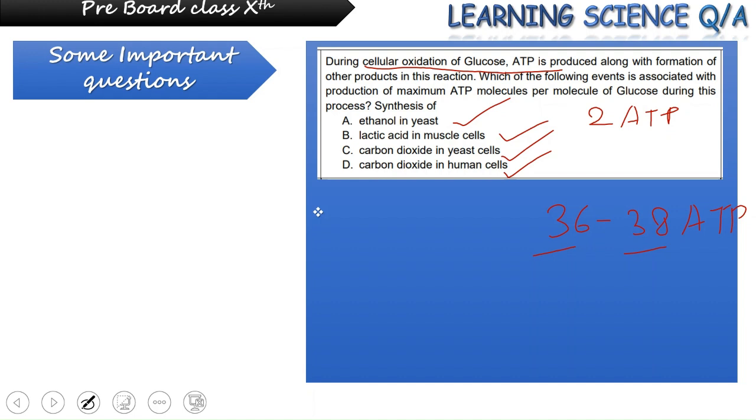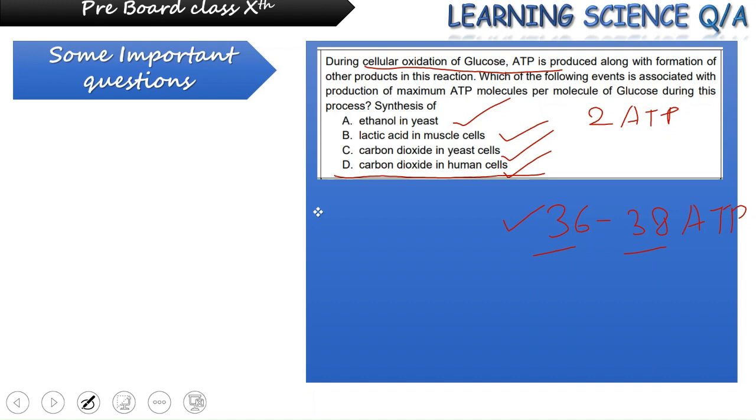Also, carbon dioxide is produced in humans when our food is broken down. When glucose is broken down along with water, carbon dioxide is released as the byproduct. So basically, this carbon dioxide formation in the human cell is the process which is producing around 36 to 38 ATP in the body.